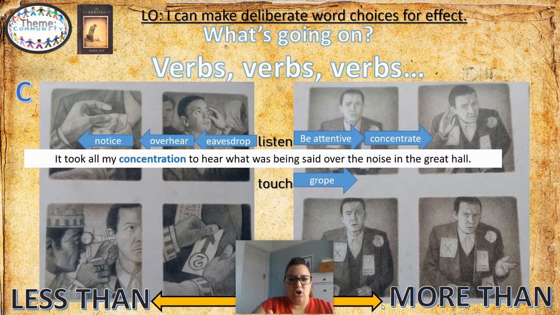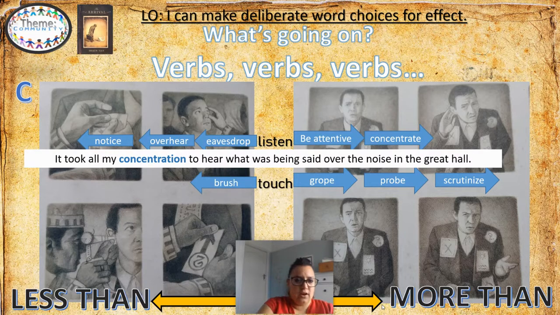More than a touch, a grope, so you're almost grabbing it. More than that, probe, so I'm going to start poking around a little bit more in there. Or to scrutinize, really looking at it, really pulling it apart. Less than touch. Brush, a light connection.